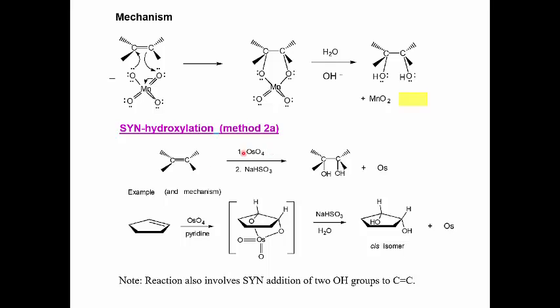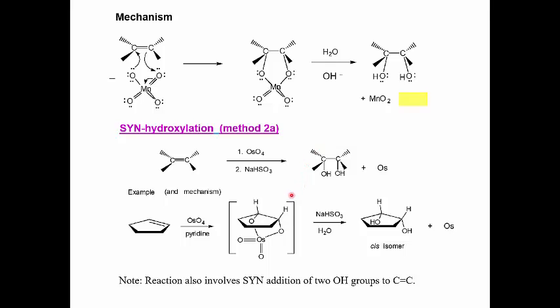First, we treat the alkene with osmium tetroxide. An intermediate product is formed. We don't isolate it, but we treat it with a reducing agent, NaHSO3, called sodium hydrogen sulfite. The final product produced is the 1,2-diol.